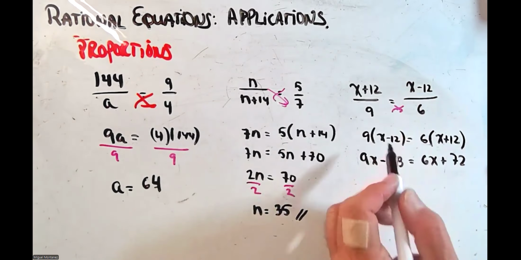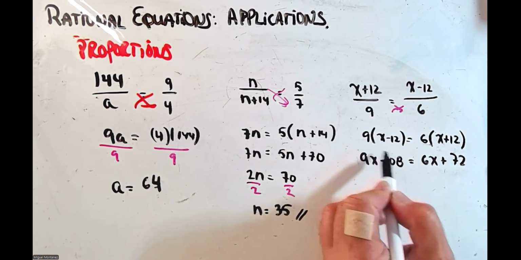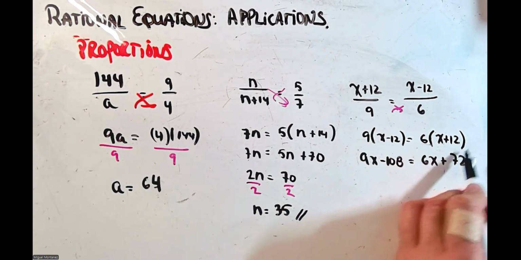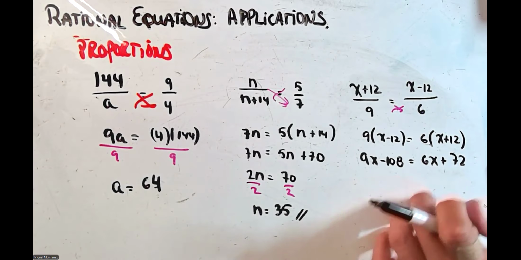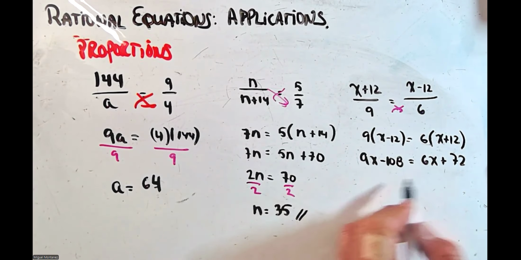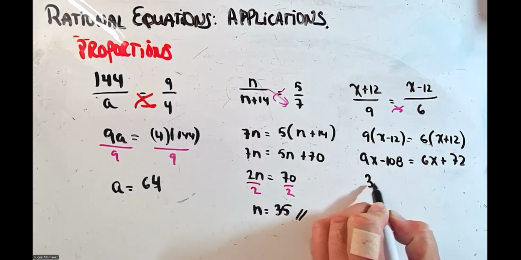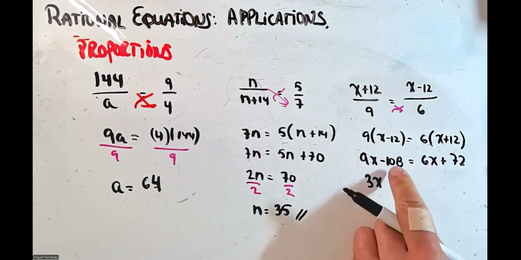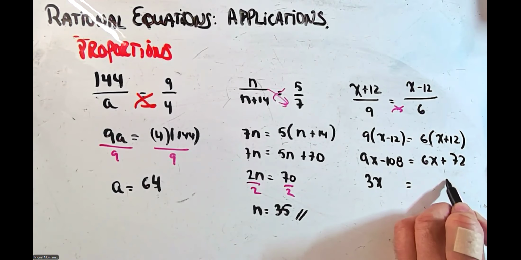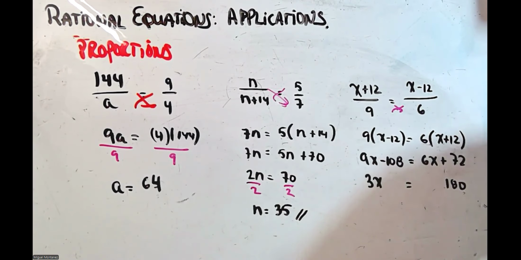Here, of course, once we cross, 9 times x, 9x, 9 times negative 12, minus 108, 6 times x, 6 times 12, 72. Combining like terms, we subtract 6x: 9 minus 6, 3x equals, we add 108 plus 72, that will be 180.